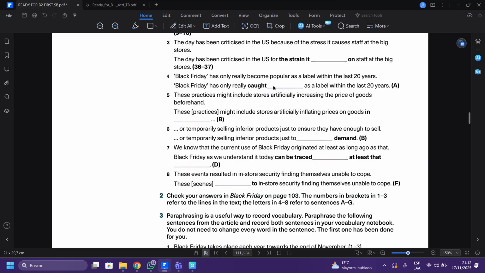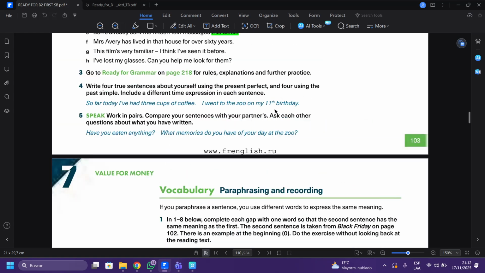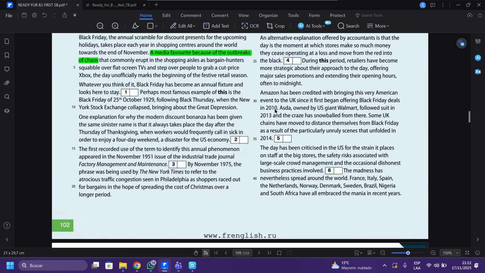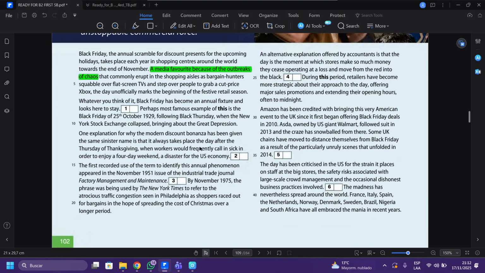And where is the answer for this number 4? It says that it is on letter A. I don't know if it is here. Let me look for it.